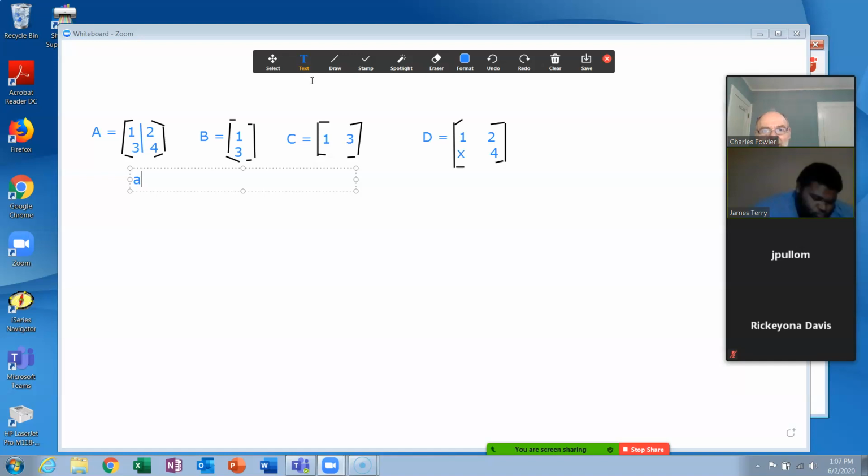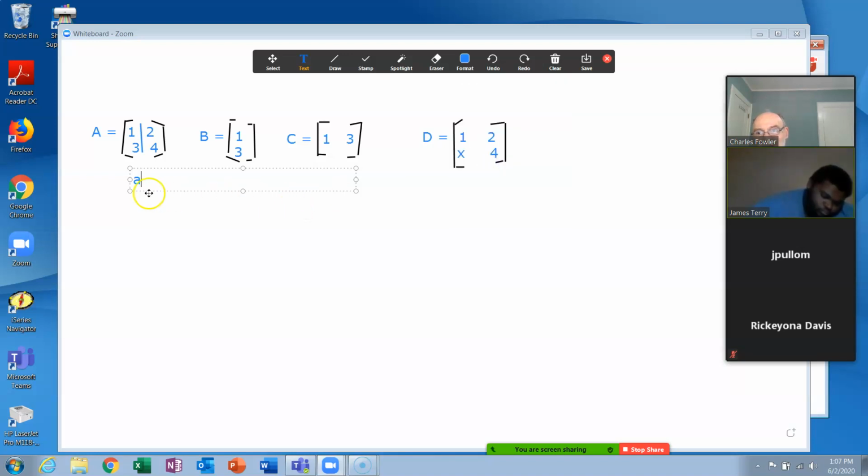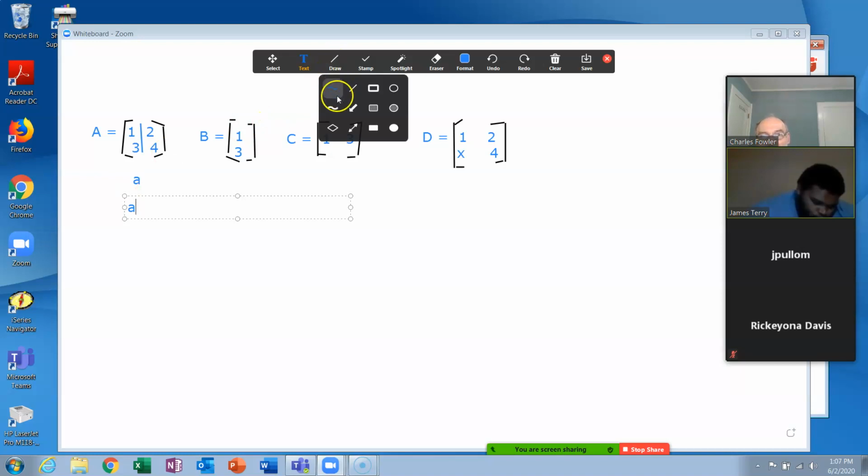What I might be able to do is increase the line width. So let's see if I can do that. No, that didn't do anything. Let me do another one down here and see if that would. No, it looks the same. So since I can't do bold in this, what I'll do is draw an arrow over it.